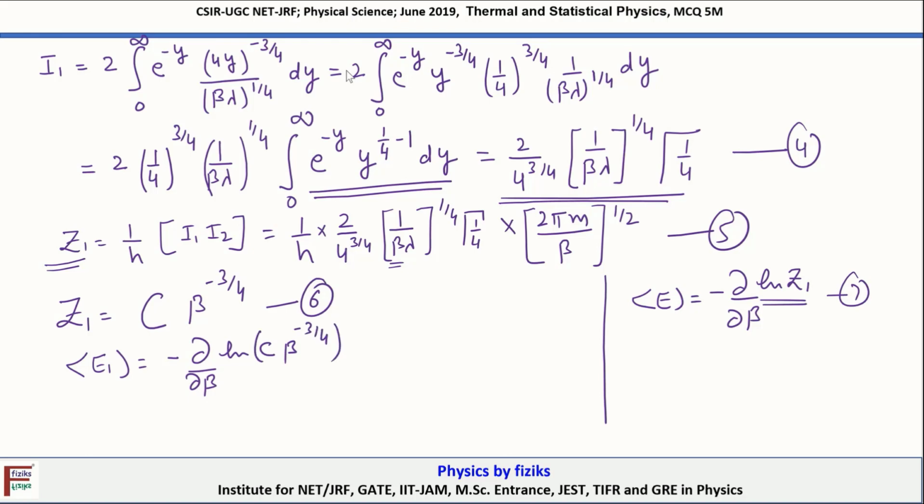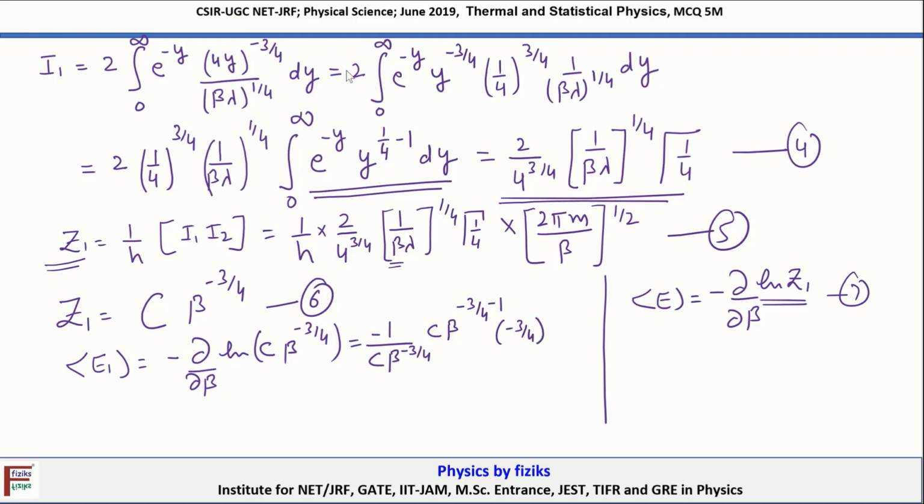So from here we can easily determine the value of the average energy, and after performing the differentiation, this is equal to minus 1 by C beta power minus 3 by 4, into C beta power minus 3 by 4 minus 1, and then a factor of minus 3 by 4 here.